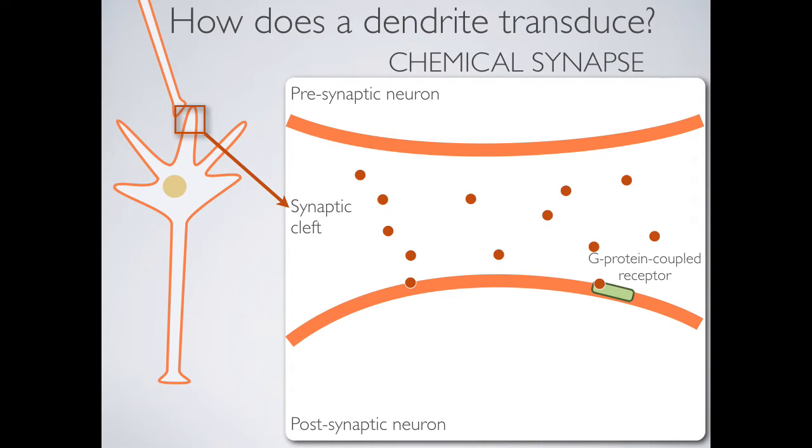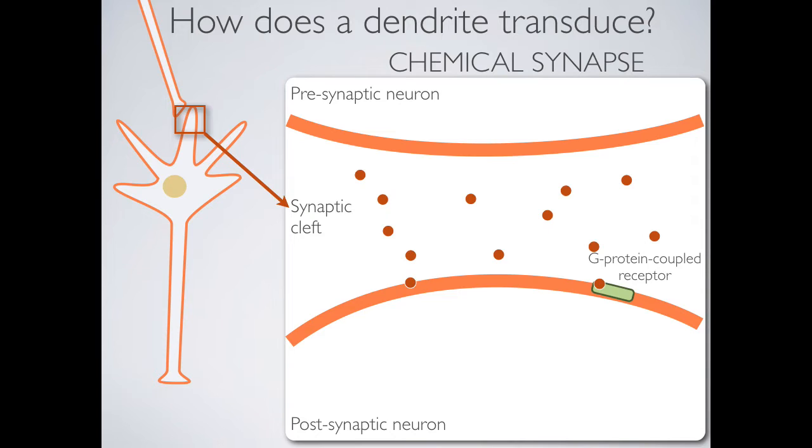Okay. In a different chemical synapse, we might have what are called G-protein coupled receptors. And the G-protein coupled receptors are a whole large class of transmembrane proteins that serve a variety of functions. So we're talking in intentionally vague terms because there's really a whole universe of really interesting cellular physiology.